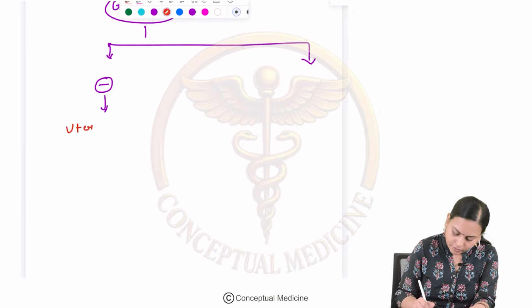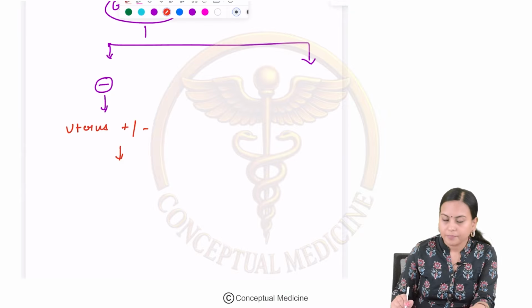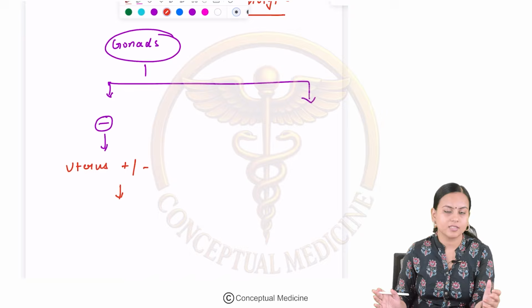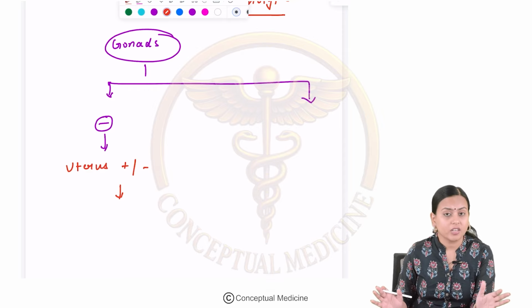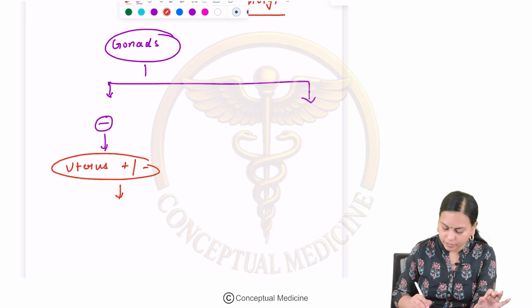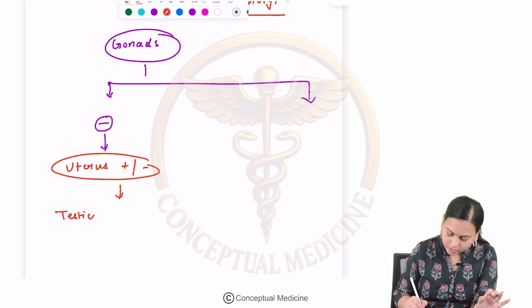Okay. You have to check whether the uterus is present or absent. Based upon this, when gonads are absent, that is going to be testicular regression syndrome irrespective of the presence or absence of the uterus. Okay. So, that is going to be a testicular regression syndrome.